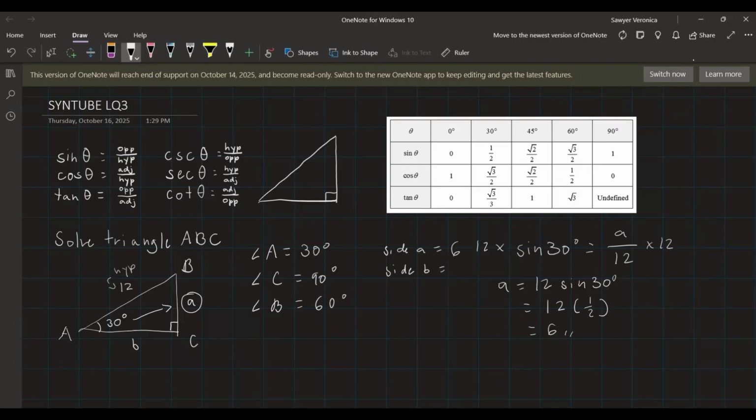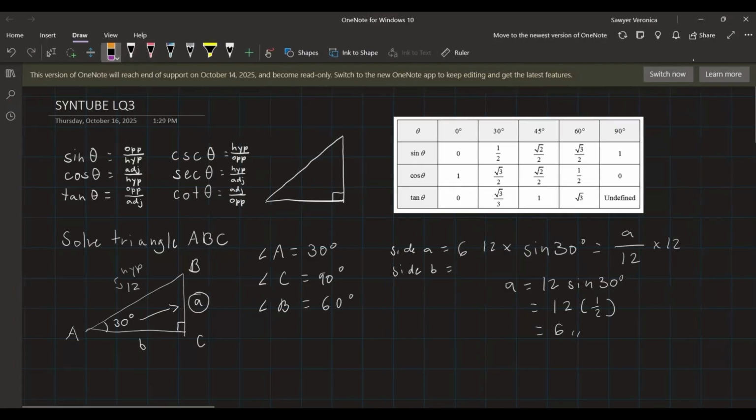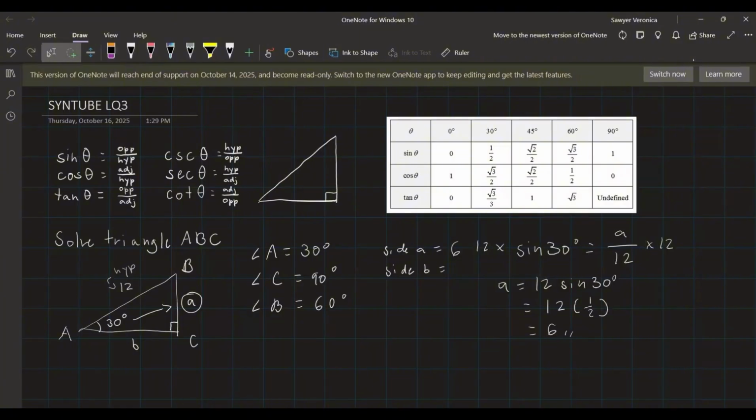How about for side B? Let's erase this. For side B, we would be using cosine, because we have the adjacent side over the hypotenuse.